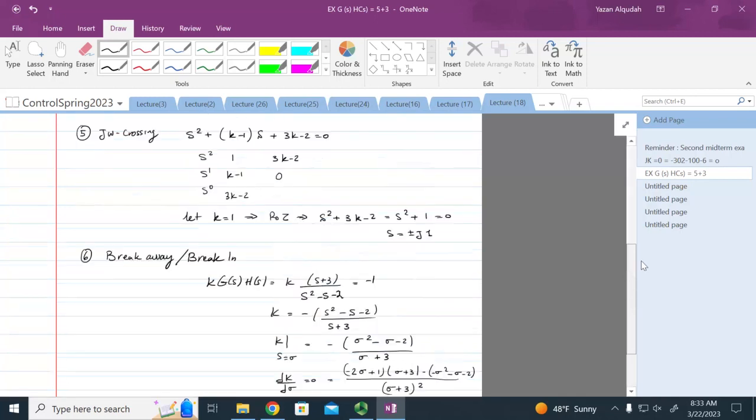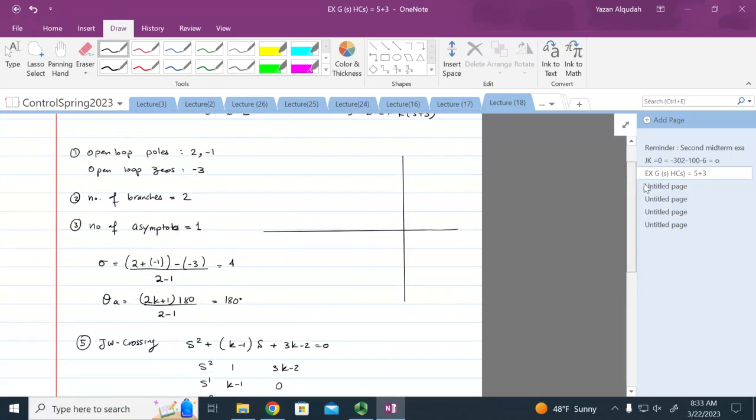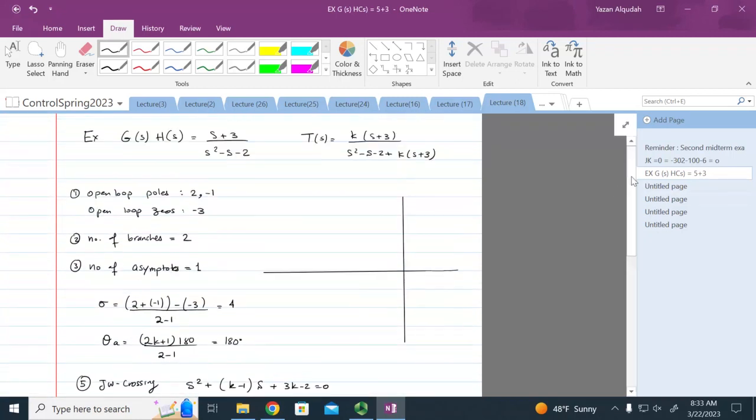Okay, so looking at this system, we have two open loop poles and one open loop zero. So we're going to label our poles and zeros. We have a pole at 2, a pole at -1, and a zero at -3.